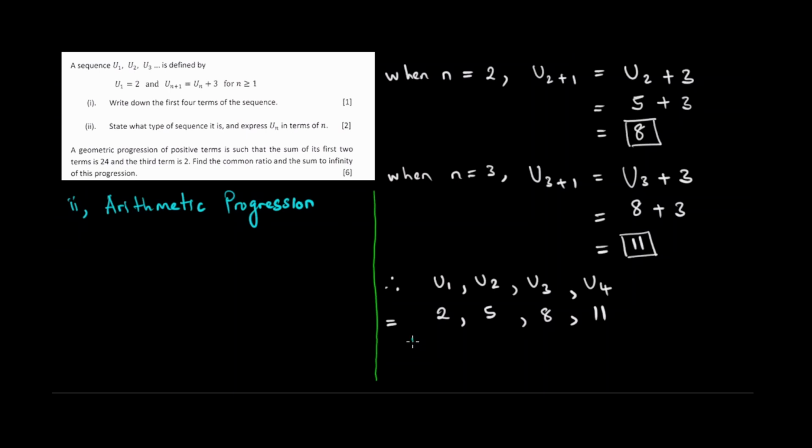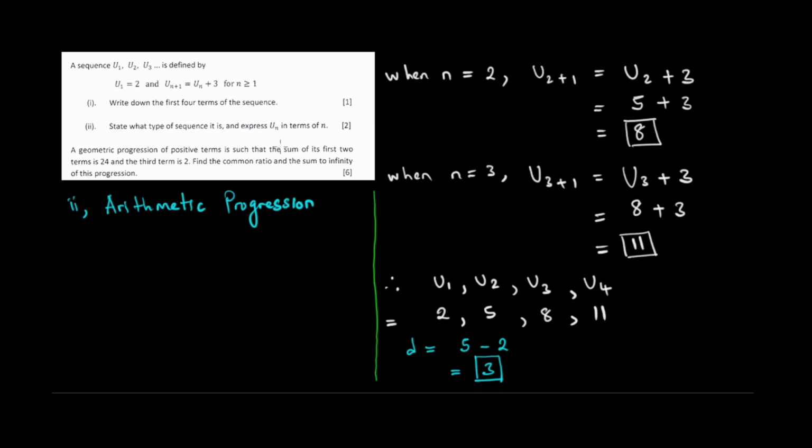Here d is equal to the succeeding term 5 minus the preceding term 2, which is 3. You say again 8 minus 5, you get 3. Or you say 5 plus 3, you get 8. You say 8 plus 3, you get 11. So your d is 3, your common difference. So where it says what type of sequence it is, your answer is arithmetic progression.